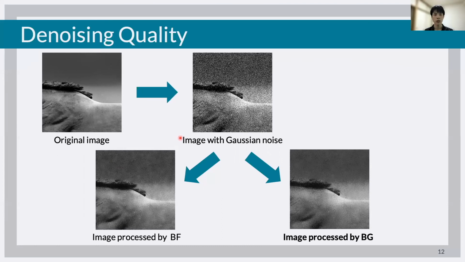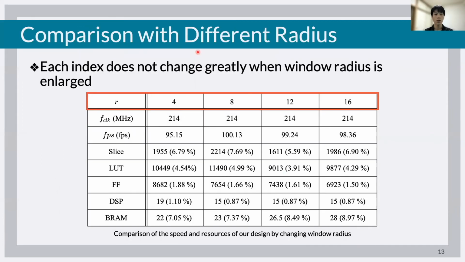The two images are denoised well, and we cannot tell the difference between them easily, which means that the bilateral grid shows good denoising quality. Then we compare speed and resources by changing window radius. As you can see, even though the radius is large, FPS and slices, for example, do not change greatly. Thus, we can achieve small and fast implementation in large window radius.